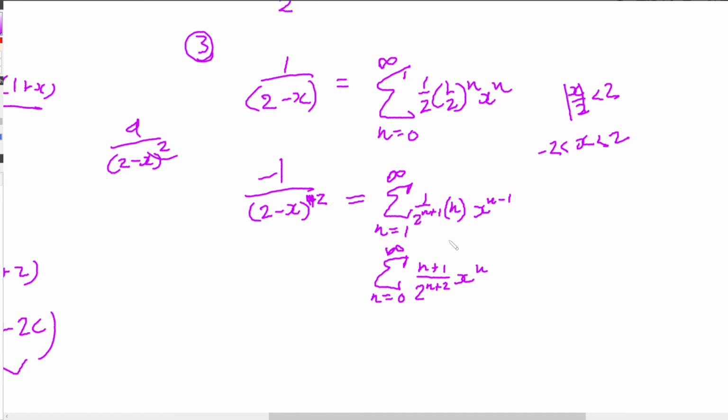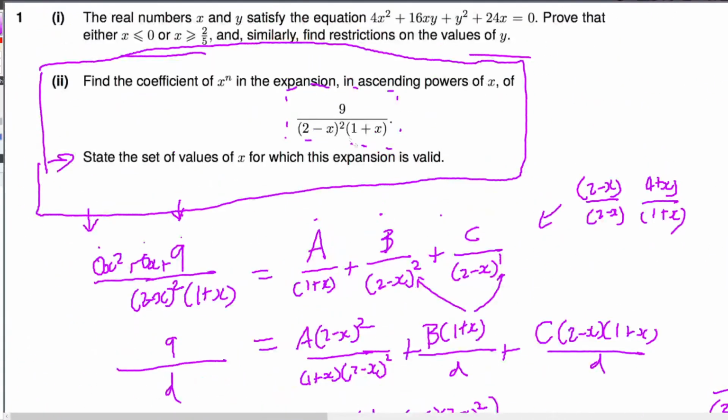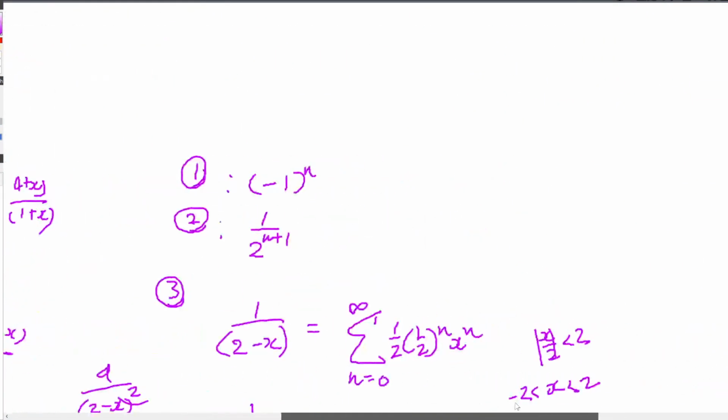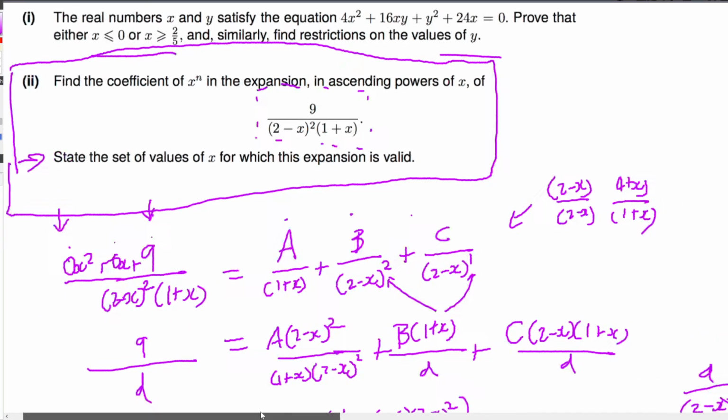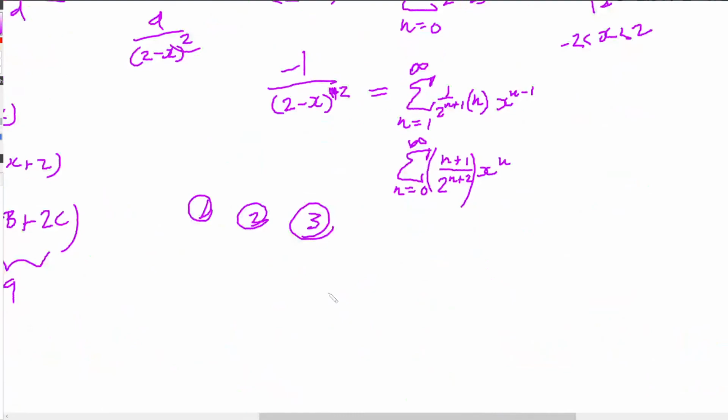So the coefficient of each term is this n plus 1 over 2n plus 2 term. And that's our x to the n coefficient of the third part. So overall, if you sum up the x to the n coefficients of each of these three parts that constitute this function here, you will get the coefficient of x to the n in this expansion, which is what you're ultimately looking for.